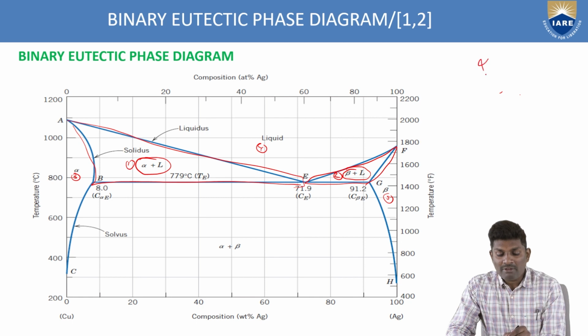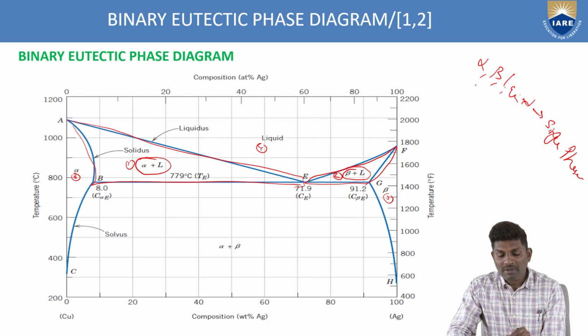Here you have alpha, beta and liquid as single phases, and alpha plus L and beta plus L as two phase regions.